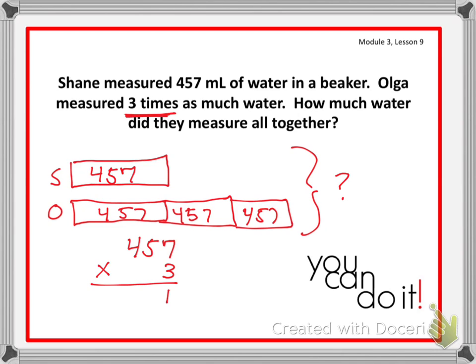We put the 1 down and we carry the 2 into the tens. 5 times 3 is 15 plus 2 is 17. Put the 7 down and carry the 1 into the hundreds. 4 times 3 is 12 plus 1 is 13. So it's 1,371 milliliters.